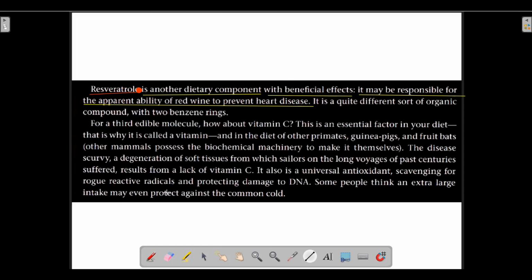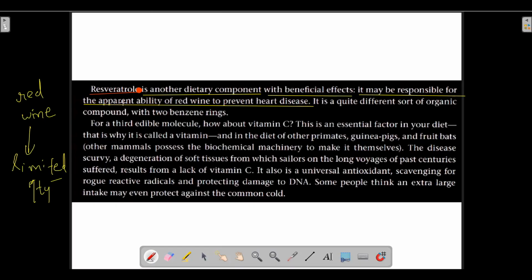Now, many people have a misconception that red wine prevents heart diseases. So, it is true indeed. It is true that red wine, if taken in limited quantities, can help prevent heart diseases.